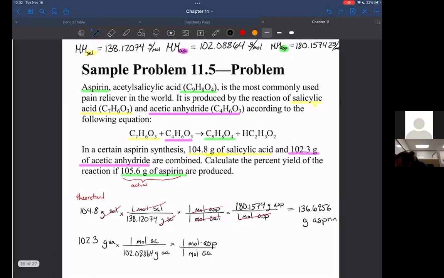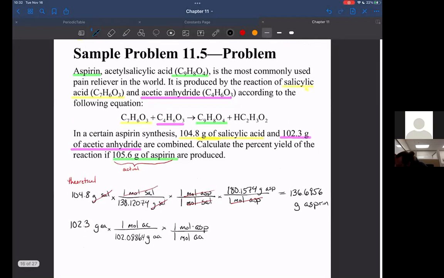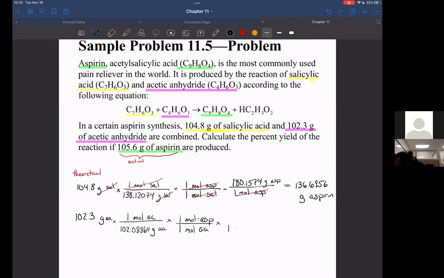And in order to compare these, I need to use the molar mass of aspirin to convert from moles to grams.